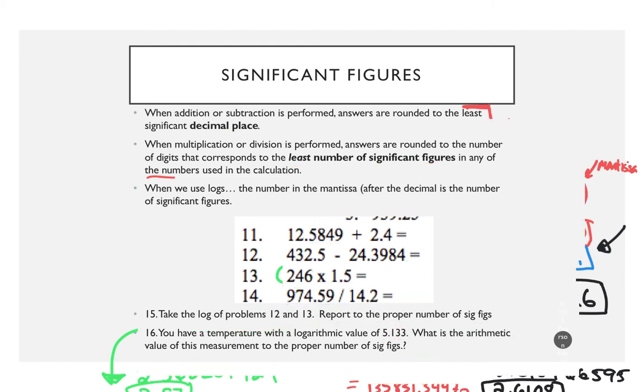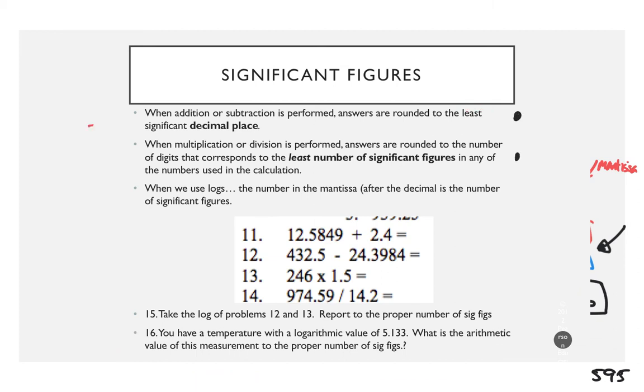So the last piece then here is to understand that any time we're doing a calculation, if the calculation involves more than one of these rules, so let's say you have to add something and then multiply, so maybe you have to add first and then multiply, you round between each rule change. So not between each operation, but between each rule change.